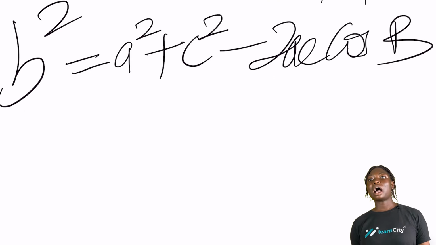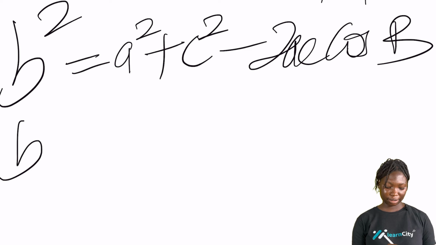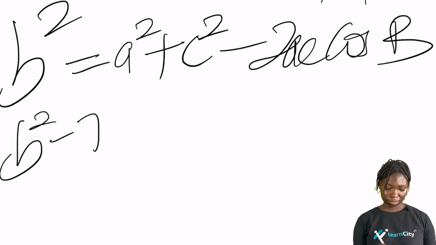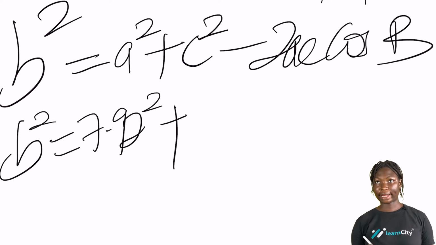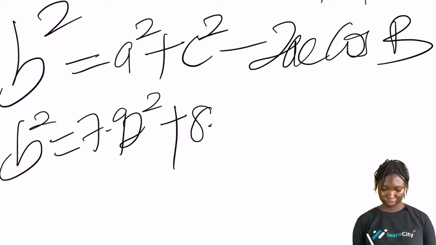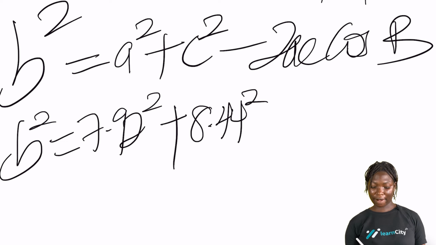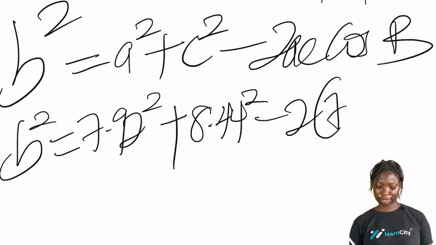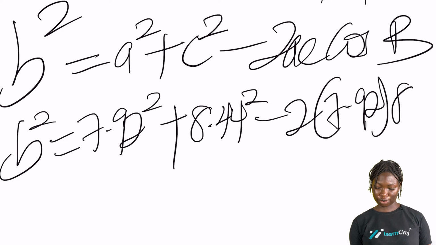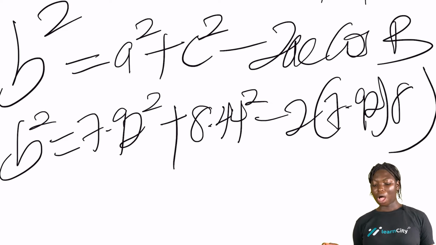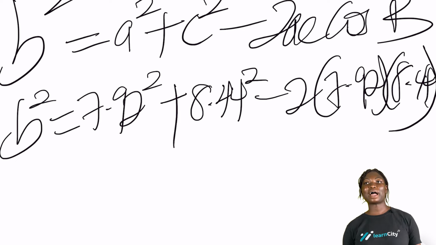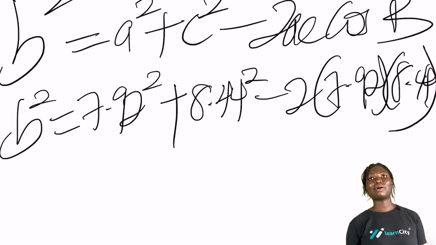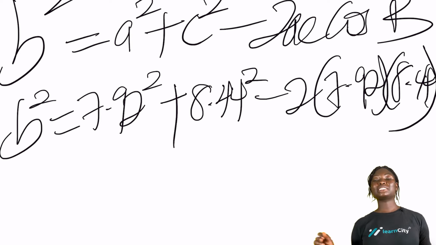Now, here we have our A squared is 7.92 squared plus our C, which is 8.44 squared, and we have minus 2 into bracket 7.92 times 8.44 cos B. So our cos B here will now be minus cos 180 minus 151.3 degrees, because the angle is between 90 and 180 degrees, so our cos will be negative.